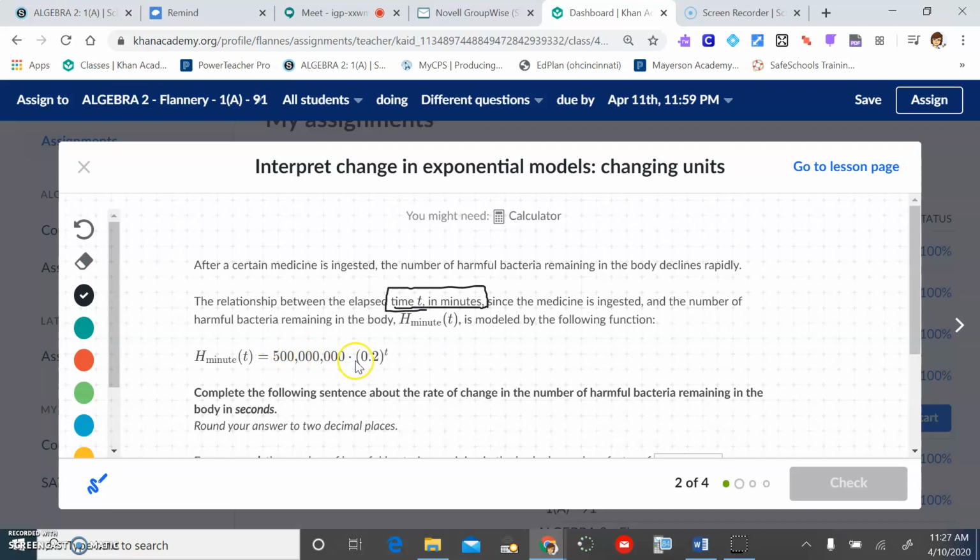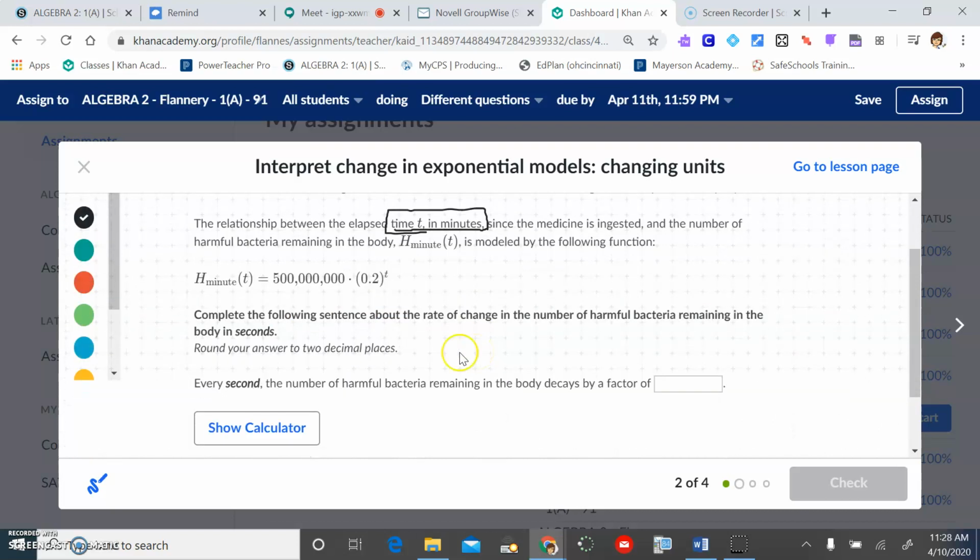Yeah, wow. 0.2 t. Complete the following sentence about the rate of change in the number of harmful bacteria in the body in seconds.